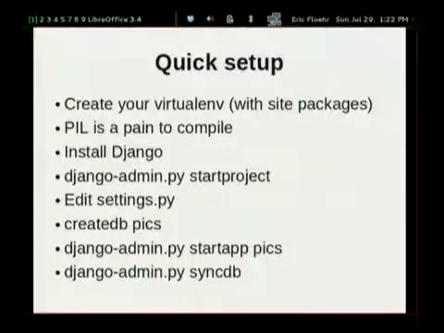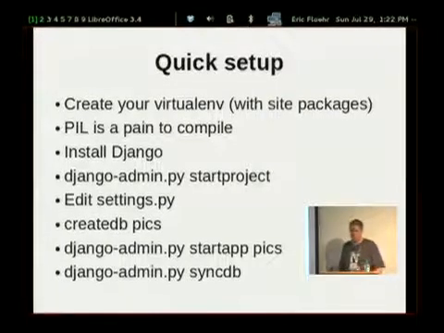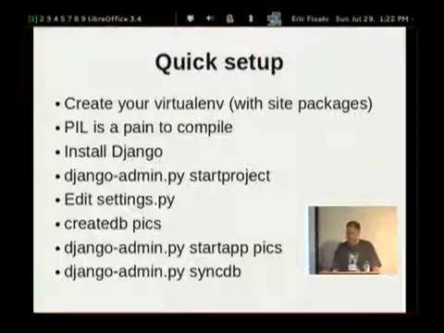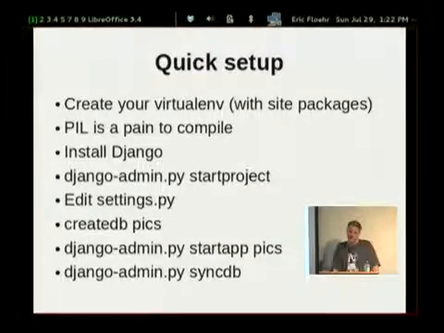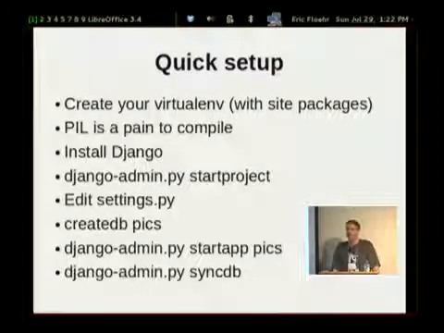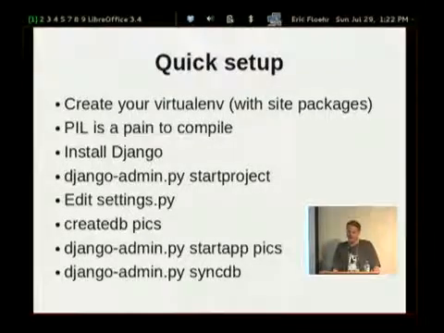So the quick setup that I did, and what you'd want to do if you were going to use Django ORM to load up some images in a database, is create a virtualenv. And I use site packages for this because Python Imaging Library is a pain to compile. You have to have a lot of dependencies, and it's just nicer if your distribution has it already compiled and ready to go.